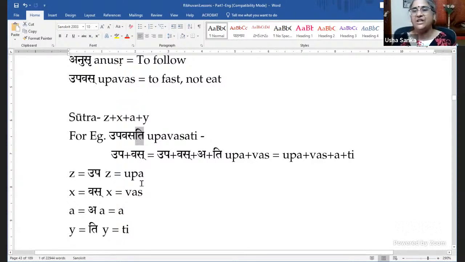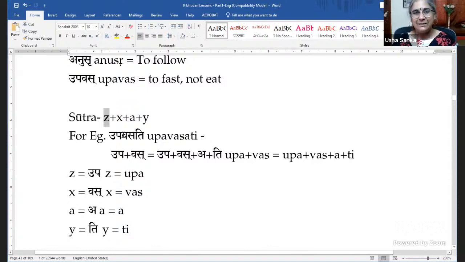It doesn't mean he, she, it, it just stands for them. And then what remains is this element. This becomes the z. So z plus x plus a plus y is the new formula that we get.